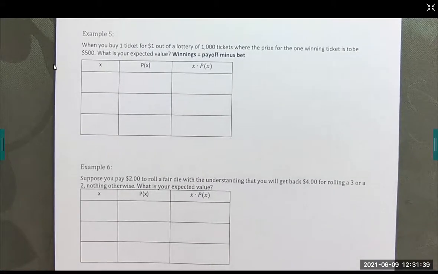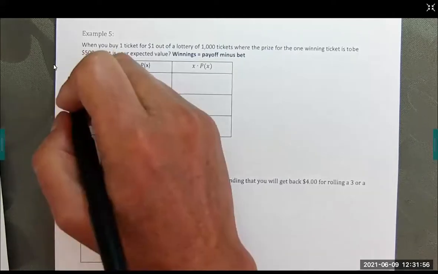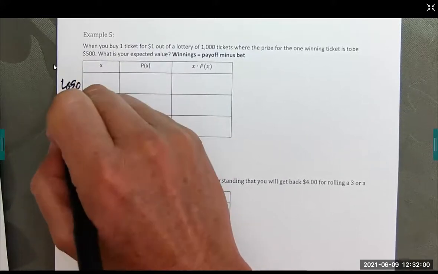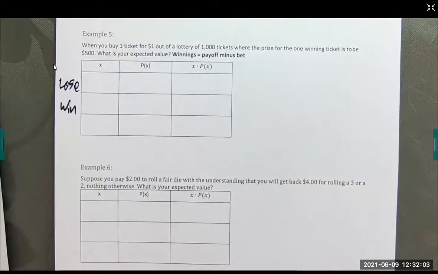Example 5. When you buy one ticket for $1 out of a lottery of 1,000 tickets, where the prize for the one winning ticket is to be $500, what is your expected value? All right. So let's do lose, win. Now this is from my perspective as the player.